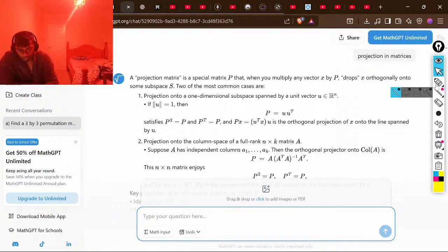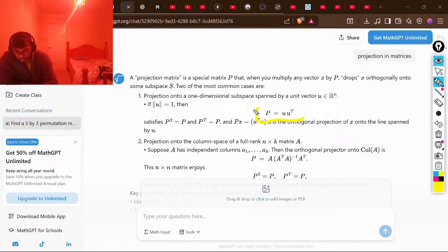I don't know how they got it, but I'm going to trust it. And projection onto some column space, full rank. Okay, we get it.